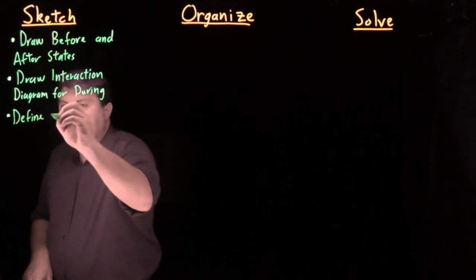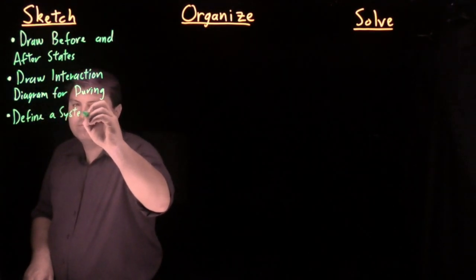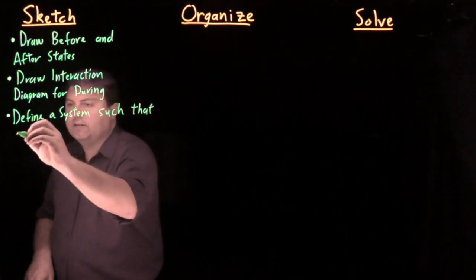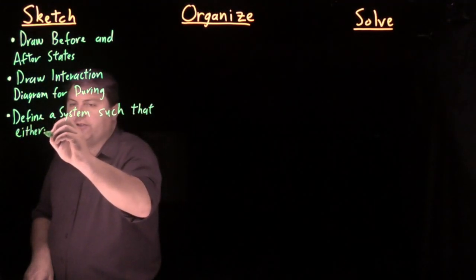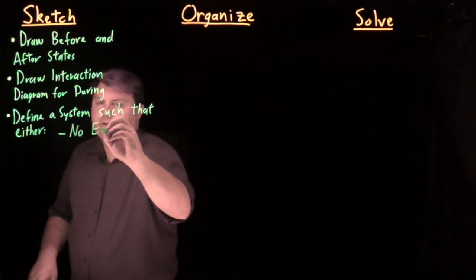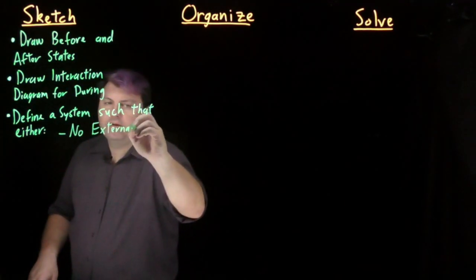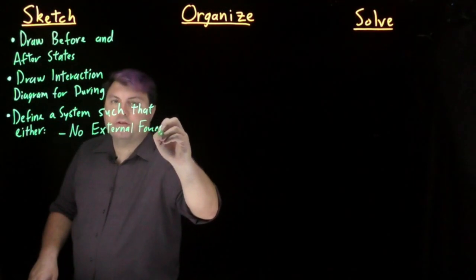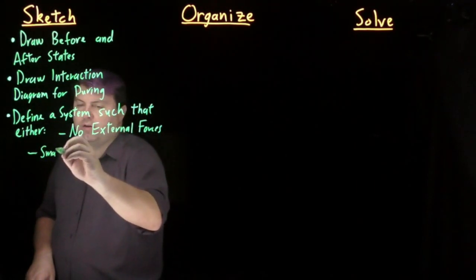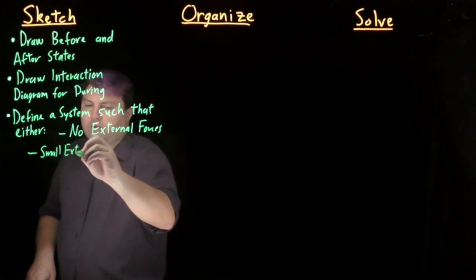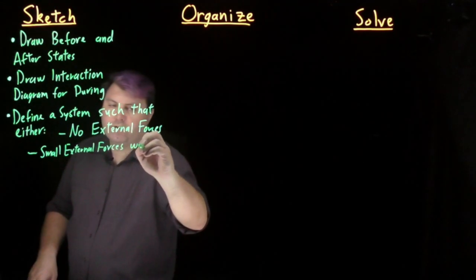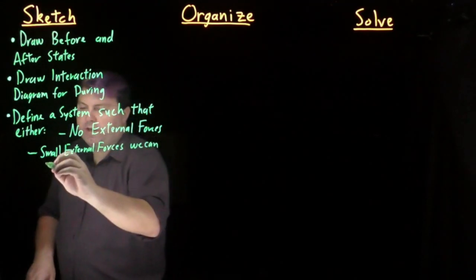We want to define a system such that we can either say that there are no external forces, or that there are small external forces we can assume away.